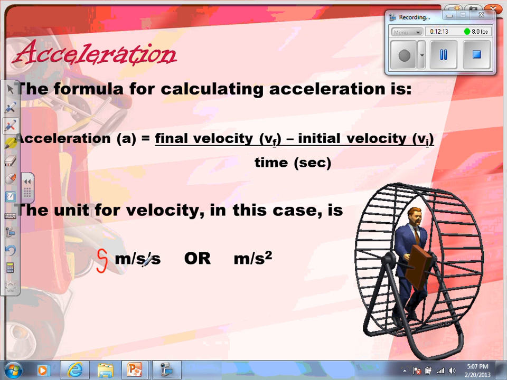So if he started at 0, well, at 1 second his speed would be 5 meters per second. At 2 seconds, his speed would be 10 meters per second. At 3 seconds, his speed would be 15 meters per second. Okay, so that's what acceleration is. It's your change in speed.